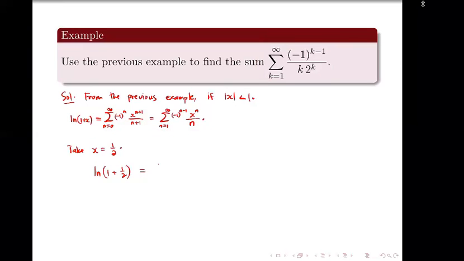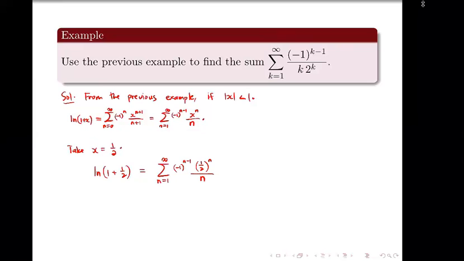This is equal to the sum from 1 up to plus infinity, negative 1 raised to n minus 1, 1 half raised to power n, divided by n.